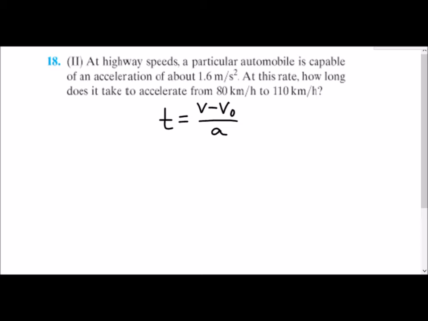So what I'm going to do is change 80 kilometers per hour into meters per second. And I'm going to do that by multiplying 80 kilometers per hour by a series of fractions that will change the kilometers into meters and also hours into seconds.